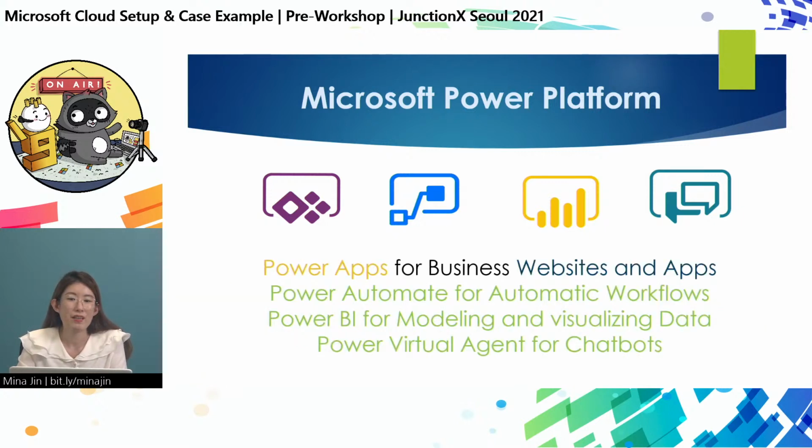Power Apps turns your idea into organizational solutions by enabling everyone to build custom apps that solve business challenges. The second one is Power Automate. Power Automate can boost business productivity to get more done by giving everyone the ability to automate organizational processes.